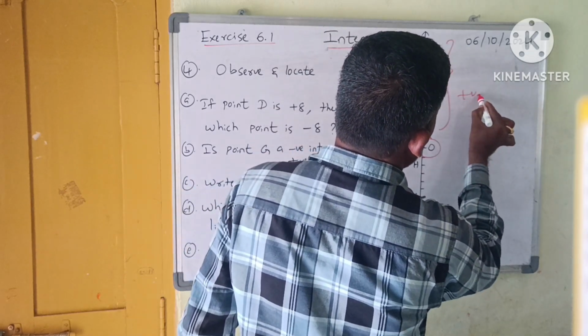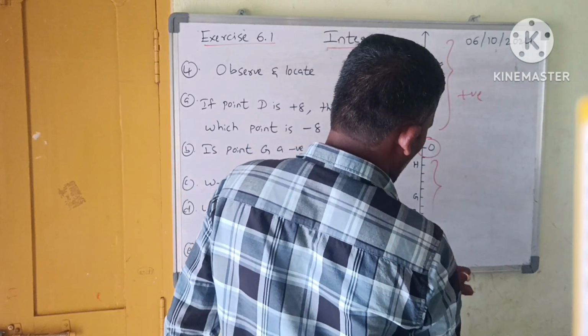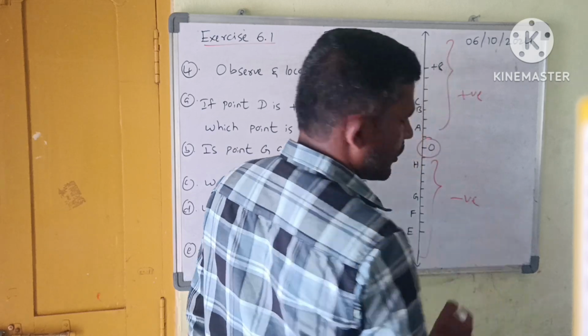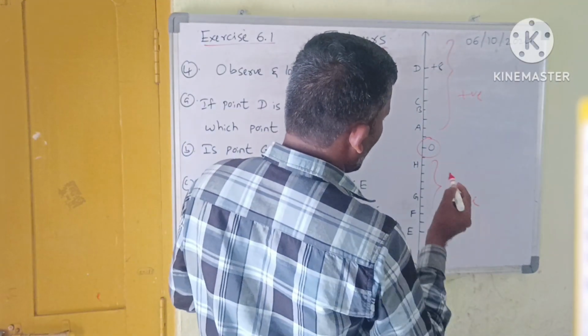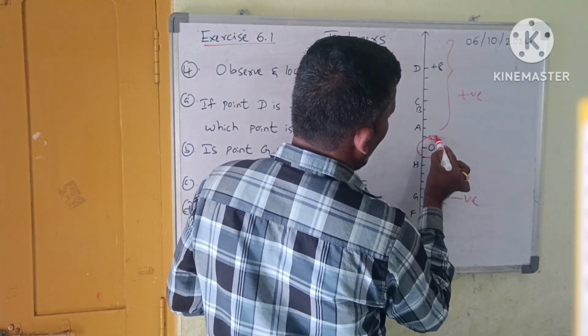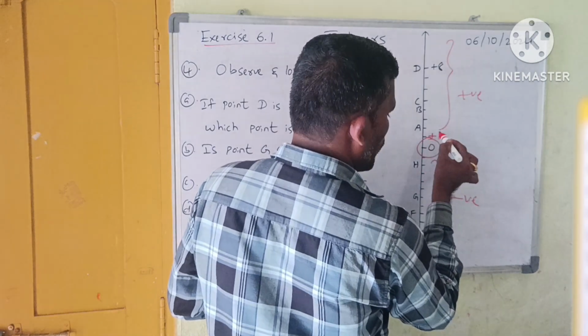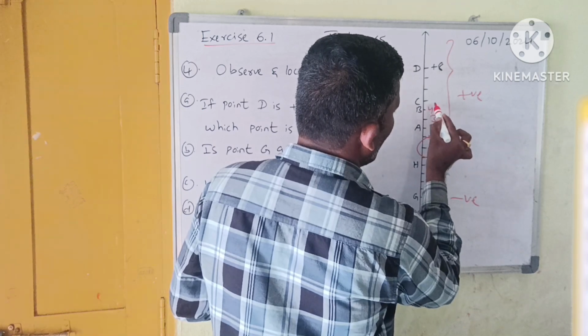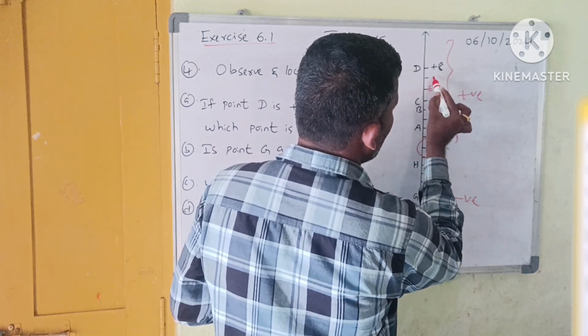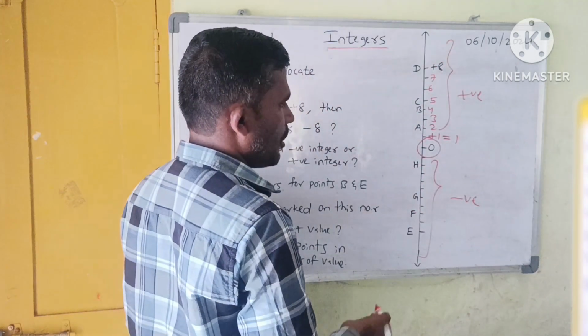Below the 0 all are negative. Above the 0 we have plus 1, 2, 3, 4, 5, 6, 7, 8.